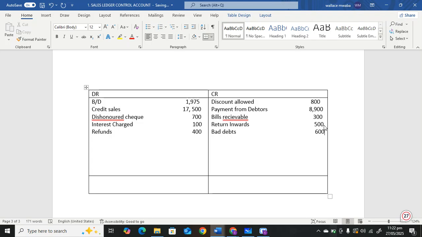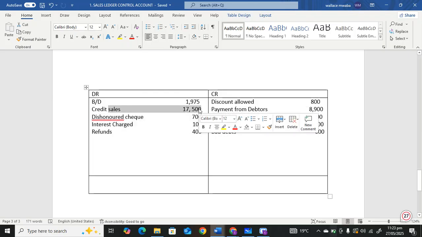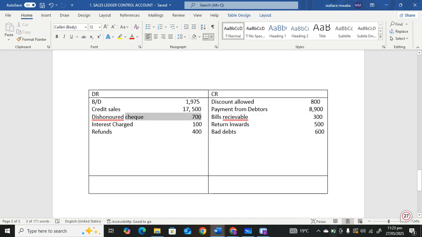Okay, now we can close this account. So this is how you close these permanent accounts. You get the total for the debit side and you also get the total for the credit side. All right. So let's see the total for the debit side, those with calculators, 1,975 plus 17,500 plus 700 plus 100 plus 400.